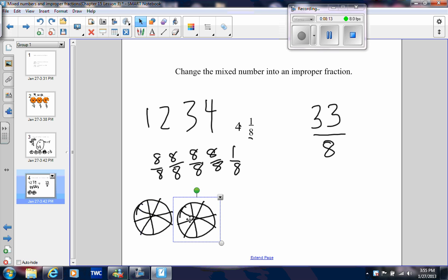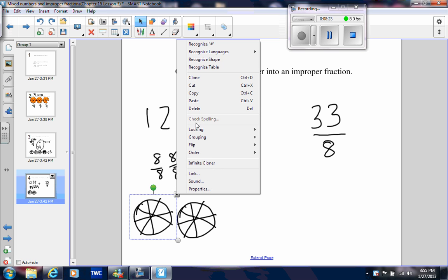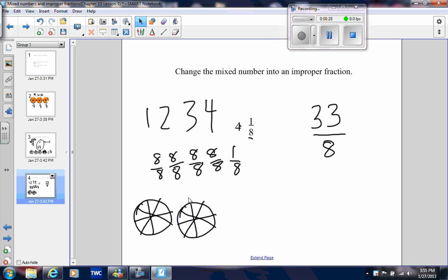Just like that. So I would have 8/8, and then another 8/8 right here. And then I'm going to have another 8/8 right there. So that's 3 whole things.